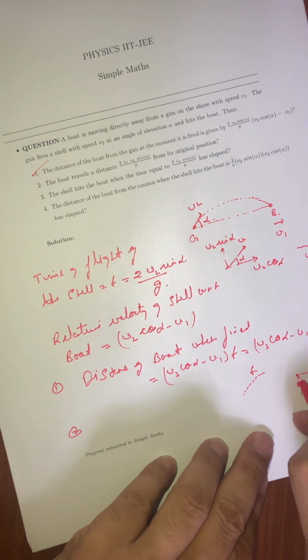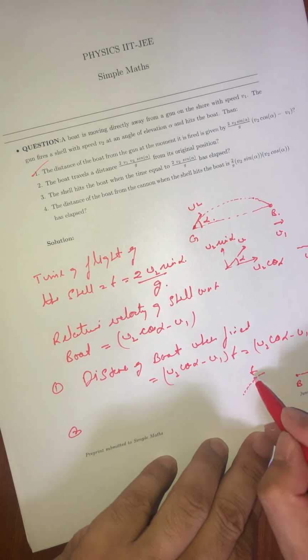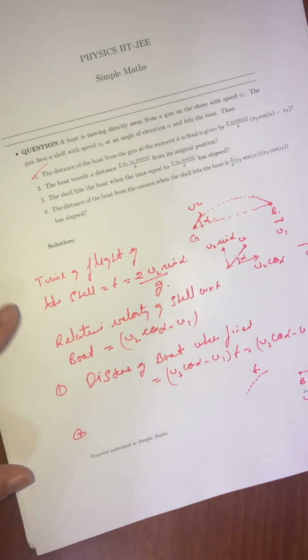We are going to find the distance between point B and B prime for the time t with the velocity v1. It is traveling in this direction.